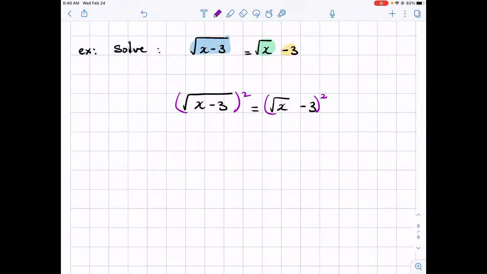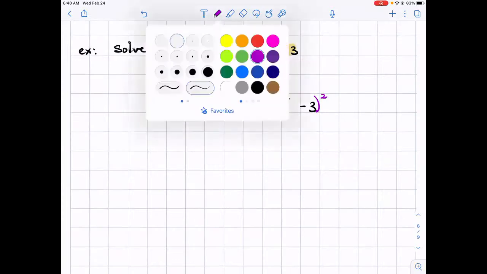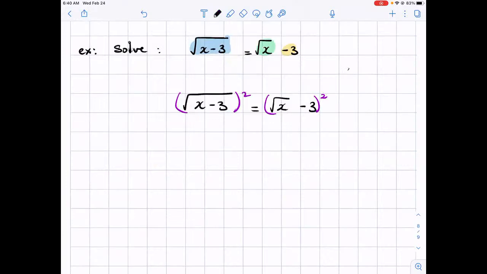You can't square individual terms, the entire side. That's very important. You must square the entire sides, everything, not individual terms. And that's what we mean here.